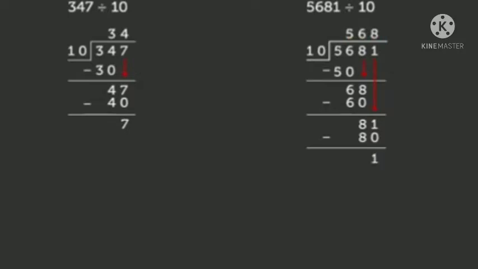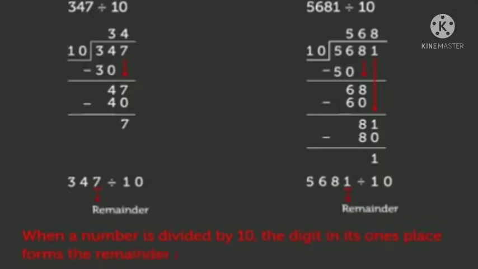Did you notice that when we divided both the numbers by 10, the digit in their ones place formed the remainder and the remaining digits formed the quotient? Now let us solve one more example without actual division. Find out the quotient and remainder of 468 divided by 10.